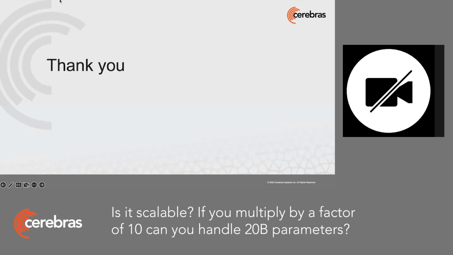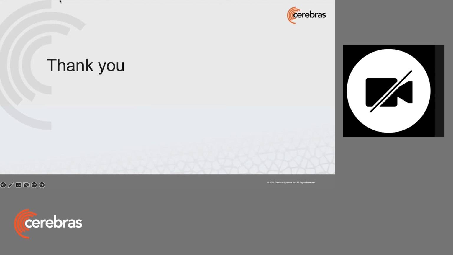Is it scalable? If you multiply the number of CS-2s by a factor of 10, can you handle 20 billion parameters? Today, what we have been validating is on the performance side. For example, if you fit the whole layer going from 1 CS-2 to 4 CS-2s, you will get closer to 4x.